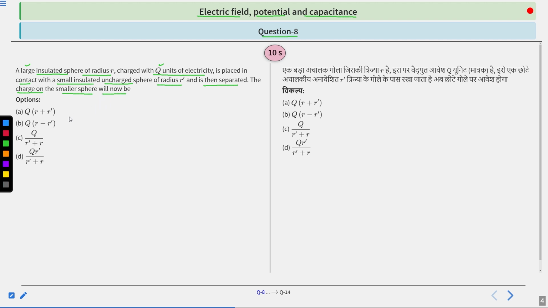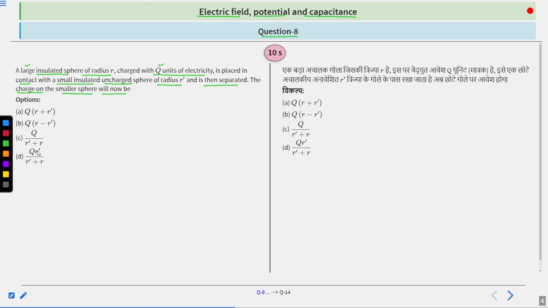Given options: option A is q r plus r prime, option B is q r minus r prime, option C is q divided by r prime plus r, and option D is q r prime divided by r plus r prime.